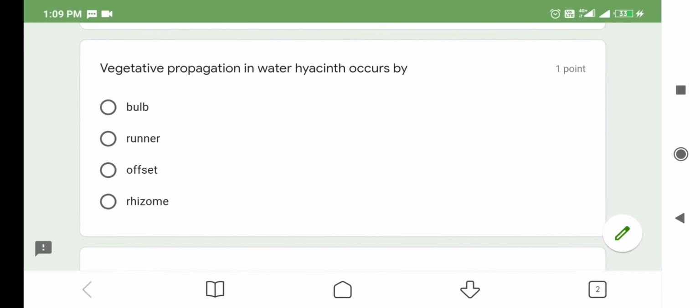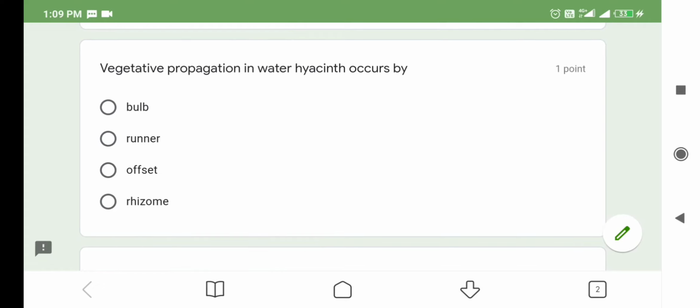Next question. Vegetative propagation in water hyacinth occurs by option number 1, bulb. Bulb is the vegetative propagule of onions. Option number 2, runner.